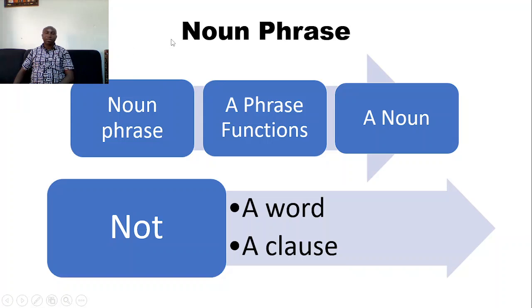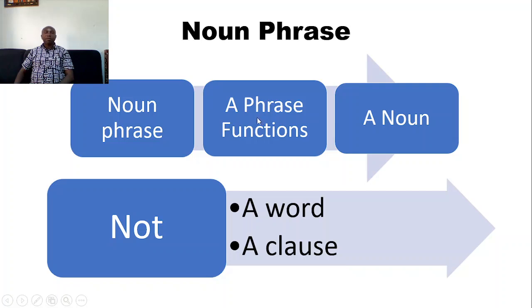A noun phrase is a type of phrase. In the first instance, it must be a phrase that performs the functions of a noun. So, in a nutshell, a noun phrase performs the functions that a noun also performs. Meaning that any phrase that cannot perform the functions that a noun performs cannot be a noun phrase.